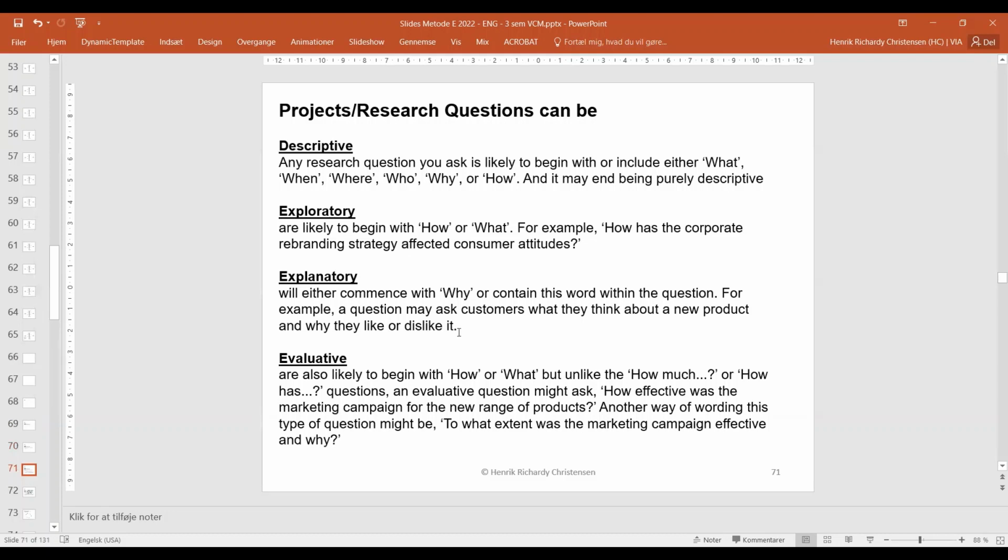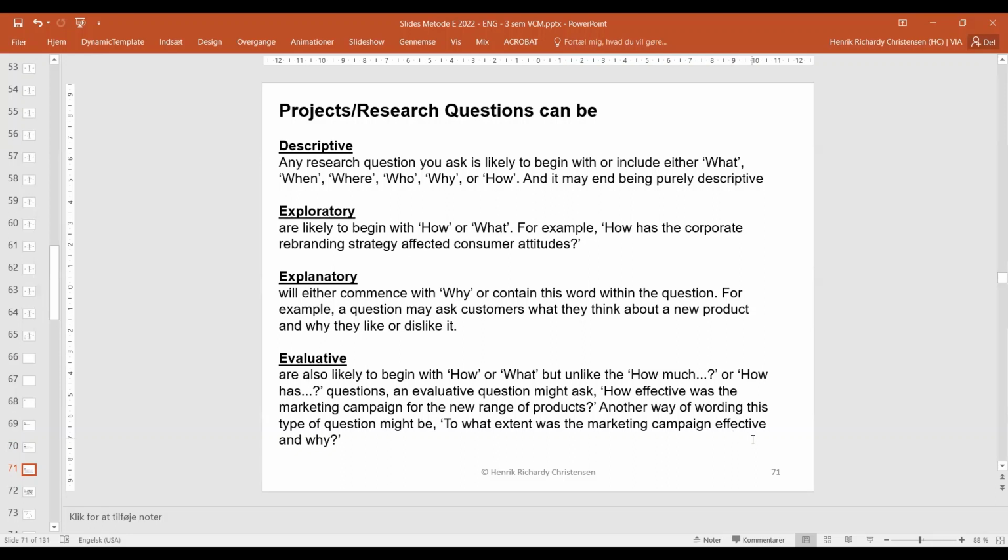And we also have what we call evaluative projects or research questions. So for example, to what extent was the marketing campaign effective and why? Or to stay in the lean example, to what extent has the implementation of lean been effective and why?